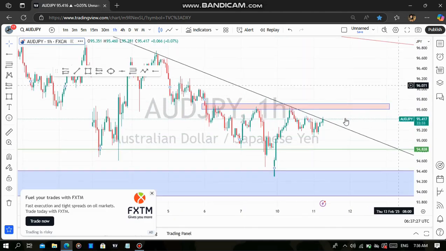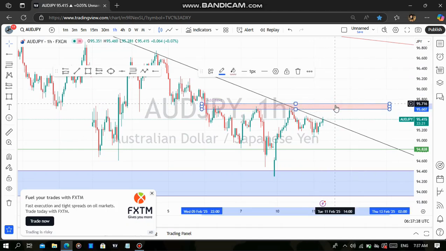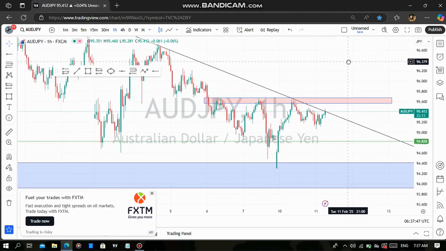So price can still just move, causing a fake breakout on this downtrend line, then sell. So this resistance level can also stand as our point of interest. That is that about AUDJPY. Any rejection on this resistance, we can look forward to taking a short trade to continue the bearish movement.